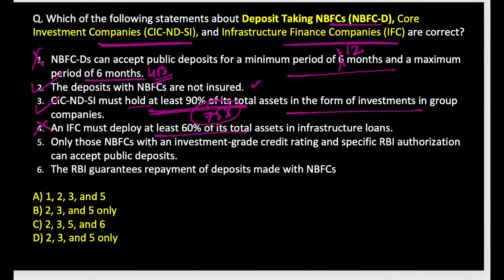Only those NBFCs with investment grade credit ratings and specific RBI authorization can accept public deposits. True. RBI guarantees repayment of deposits? No. RBI does not guarantee banks, how will it guarantee these? So 2, 3, 5 means option B should be the right answer for this particular question.